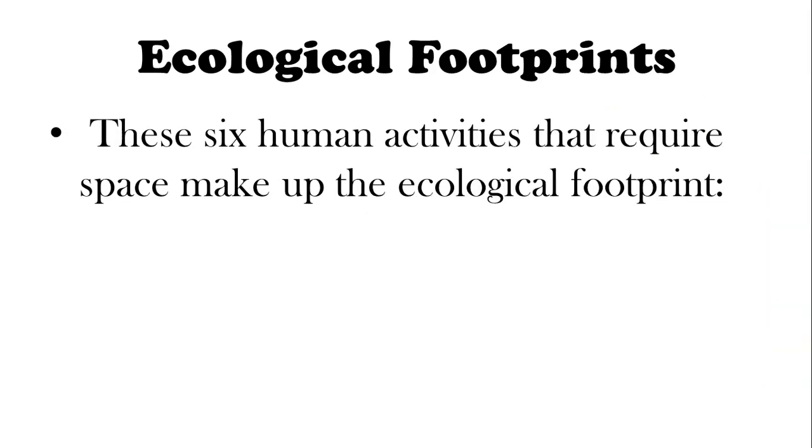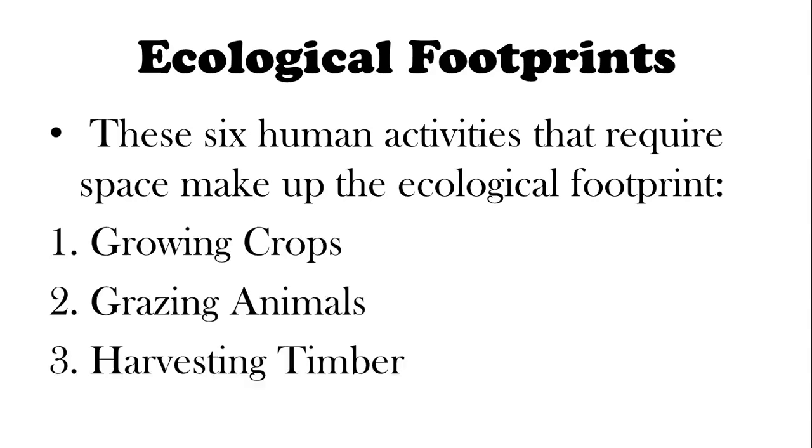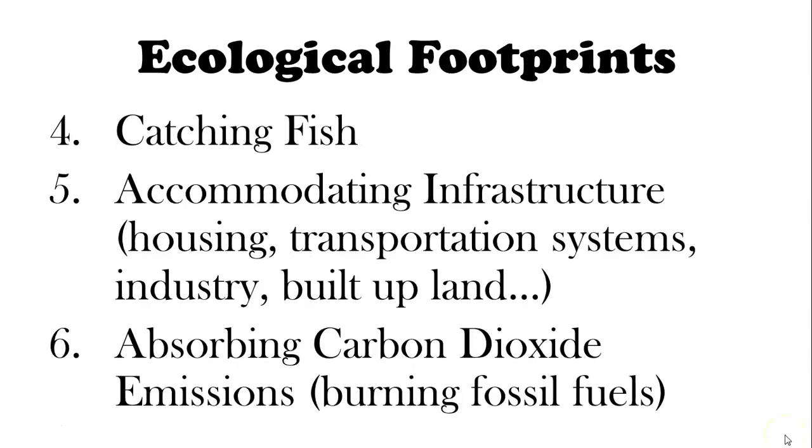So the ecological footprint is calculated by looking at 6 different human activities that all require space. These activities are growing crops, producing grazing animals, harvesting timber from forests, catching fish, producing the infrastructure that we use as we go throughout our lives, things such as housing, transportation, and absorbing the CO2, the carbon dioxide that is emitted.